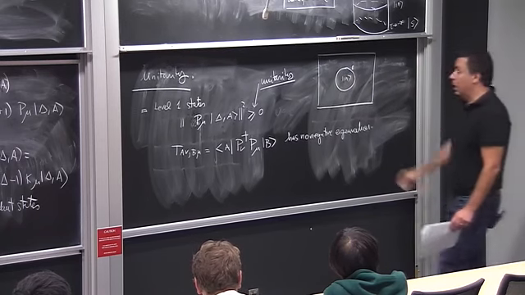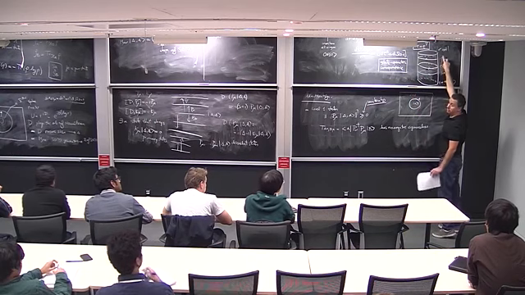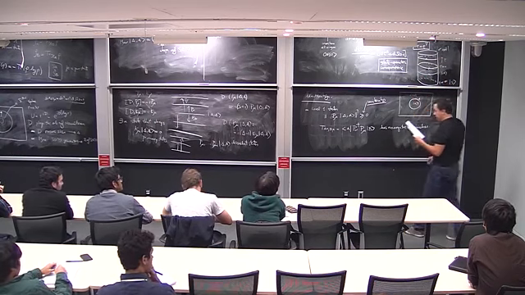And I construct out states just like here: out states come from plus infinity, in states come from minus infinity.